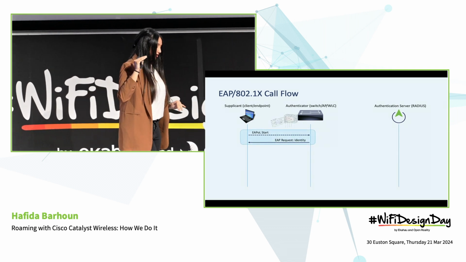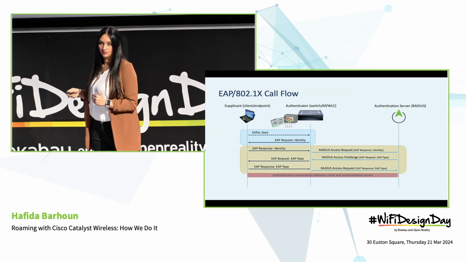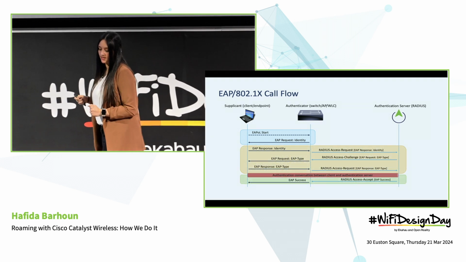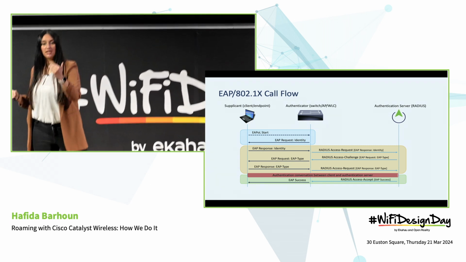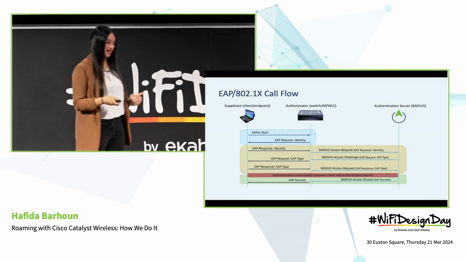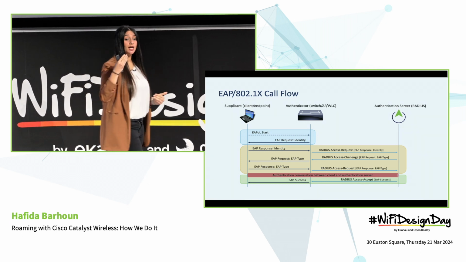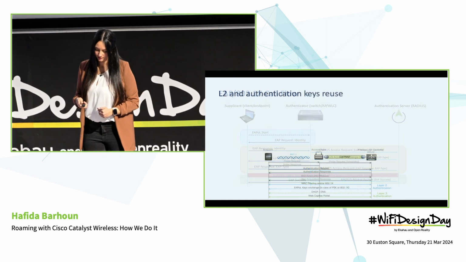So that's a high level of messages in the EAP call flow. Right? So at the end of this 802.1x authentication, that happens after the reassociation request, but before the 4-way handshake, in the EAP success message, we have an attribute that will allow us to derive this PMK, okay?